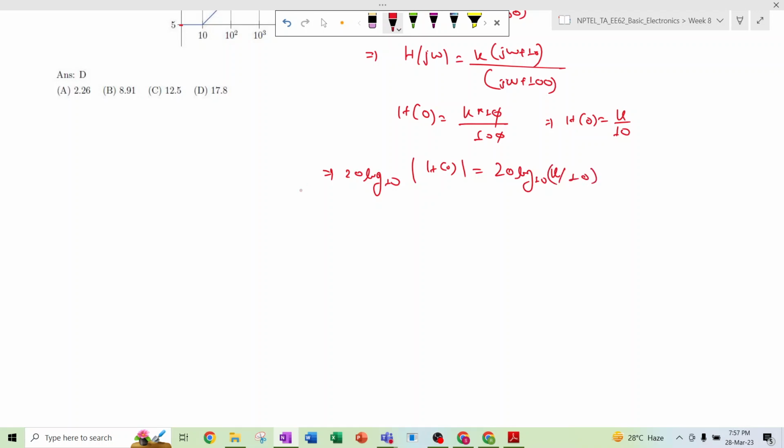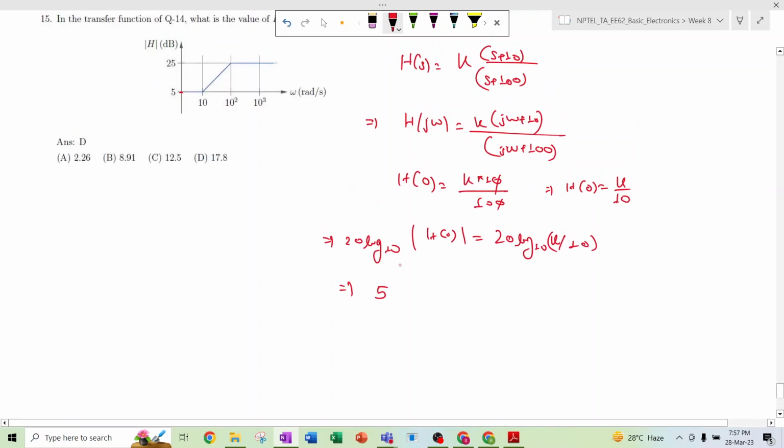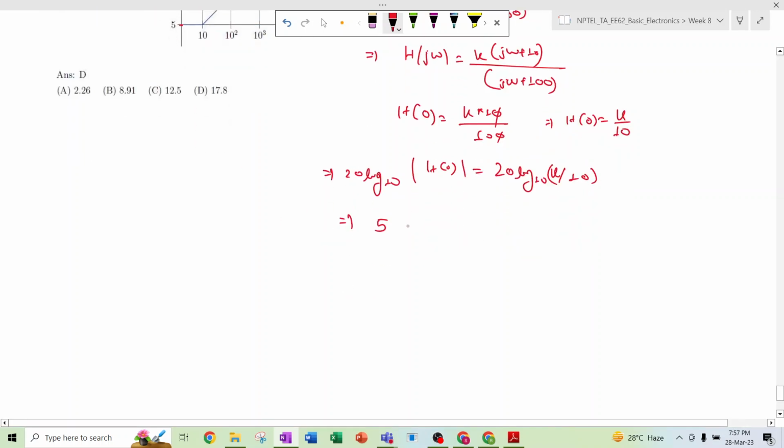Okay, so it is 5 as given in the figure. 5 is equal to 20 log 10 of k by 10.